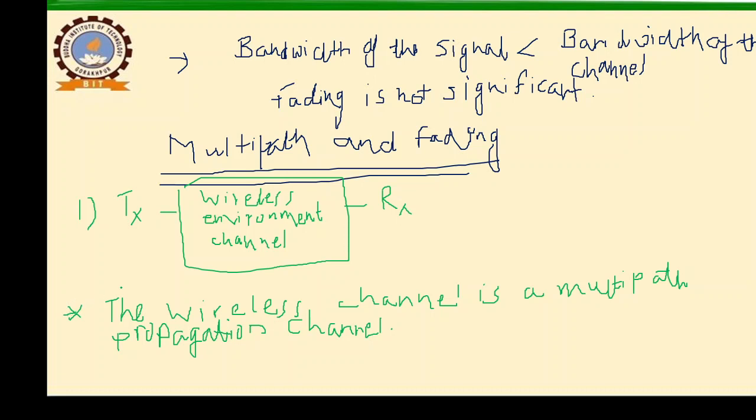Now the second thing is why multipath is seen in wireless communication, because these are the rapid fluctuations of signals in terms of amplitude. So it is in a small time, small travel distance. So it is called small scale fading.